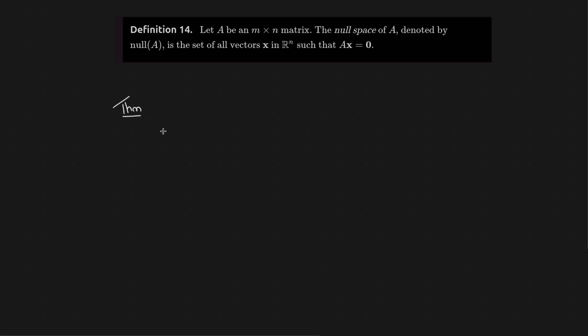Now, fortunately, it's a fairly straightforward proof. So let's let A be an m by n matrix. Then the null space of A is a subspace of Rn.